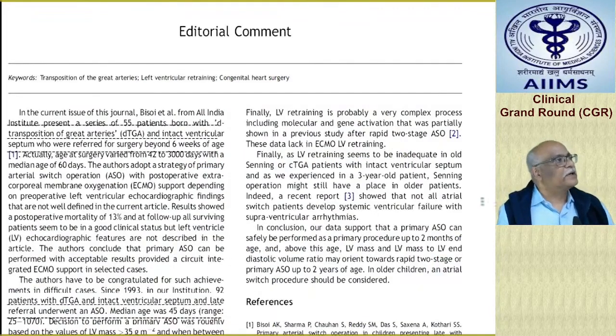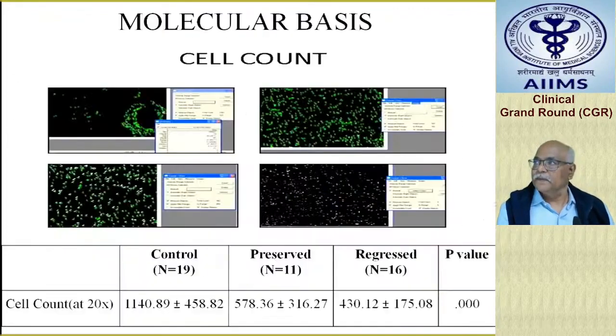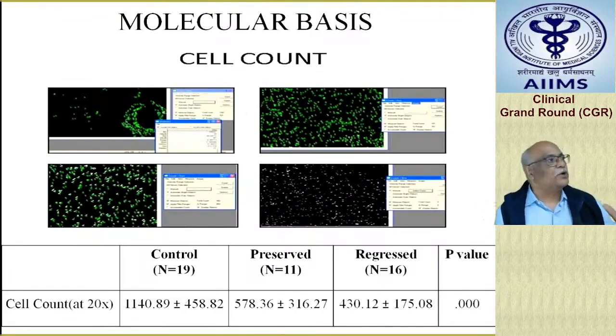Then editorials were written on this article. Then we again went back to the subcellular level to see what is happening. One interesting thing, we got 20 dead babies' hearts, age matched, from PGI Chandigarh, who died for non-cardiac reasons. Then we took biopsies from our OT of the preserved ventricle and the regressed ventricle.